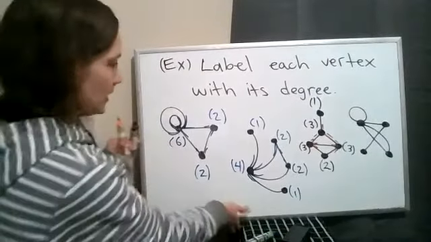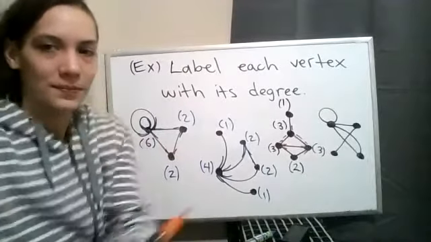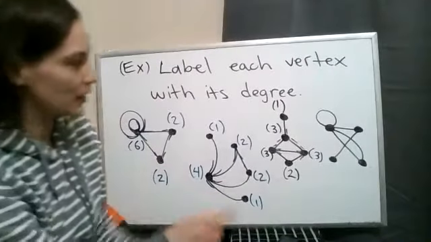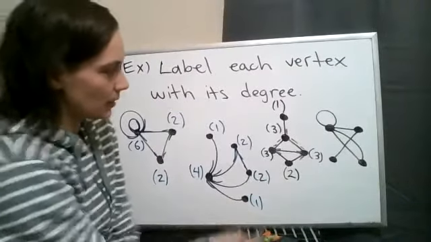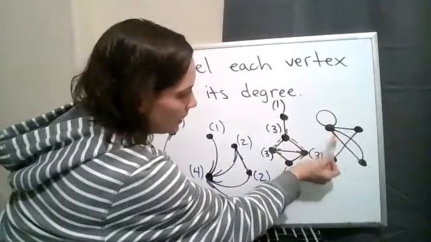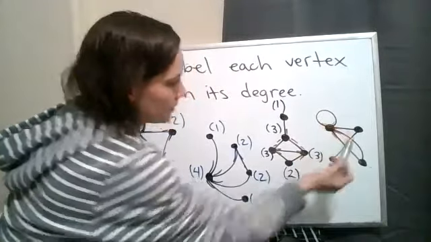Last part. Let's get this. That's a little better. So start with this loop. We've got 1, 2, 3, 4, 5.